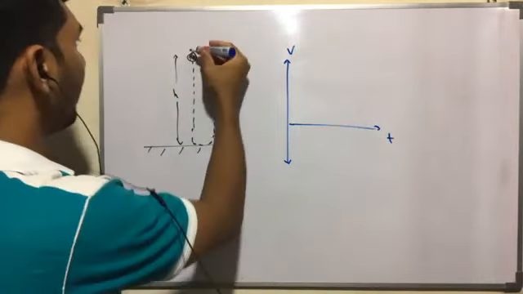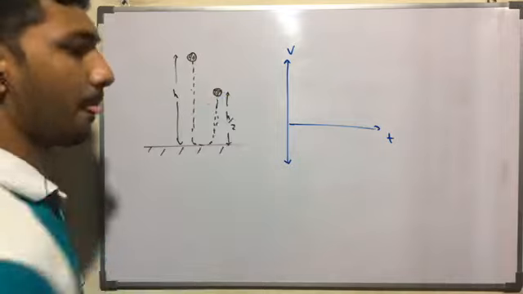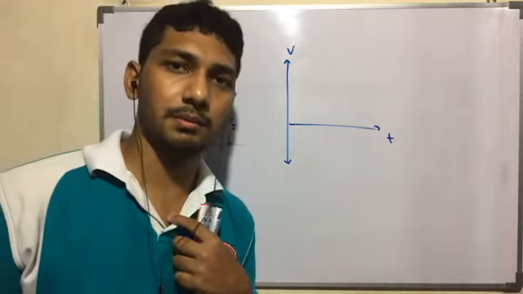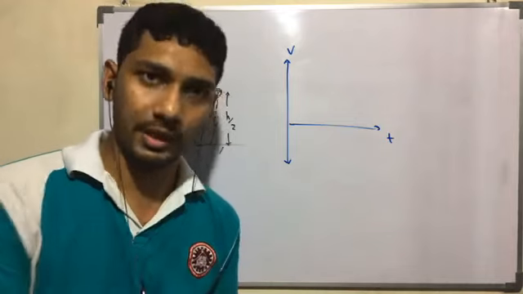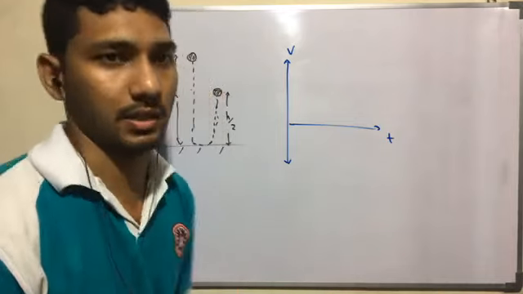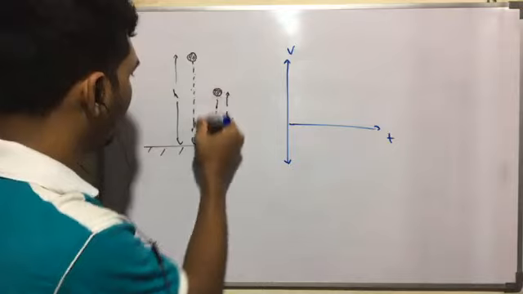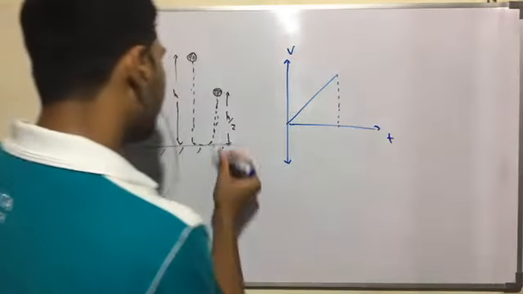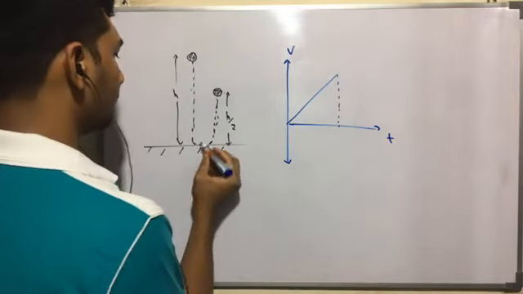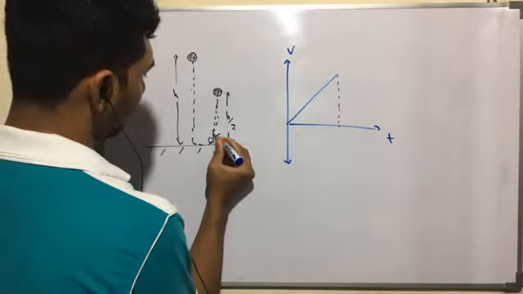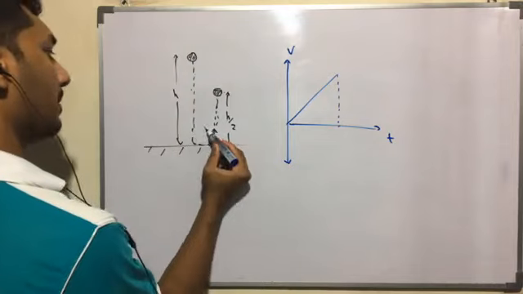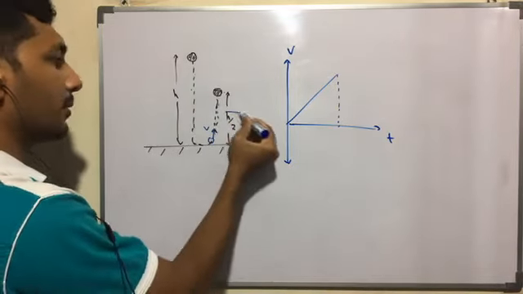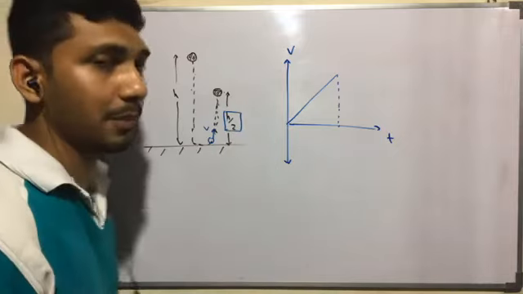So what should happen to the velocity if you drop it from here? The velocity should increase because it is under the influence of gravity. There will be gravitational acceleration. So initially it will accelerate and reach a velocity. When it bounces back, there is a velocity, and that velocity only brings it up to h by 2.